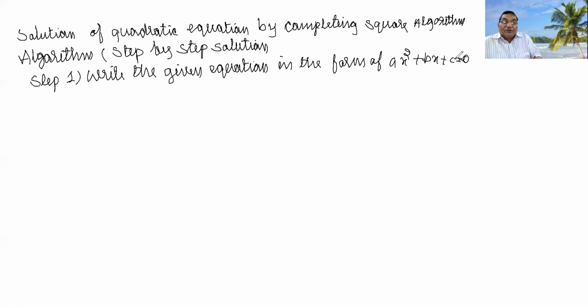Whatever the equation given, you write it in the standard form, ax square plus bx plus c equal to 0. This is the first step. And second step.